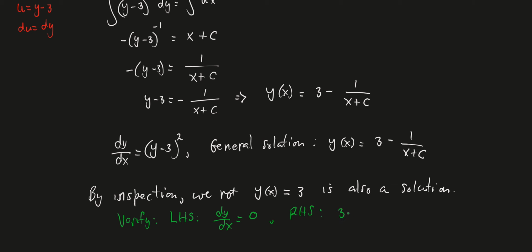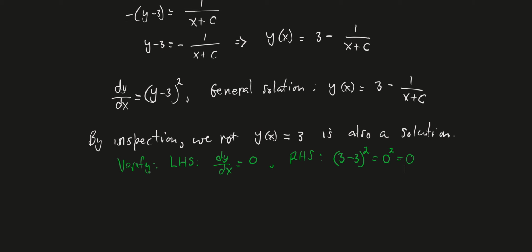I'll have 3 minus 3 squared, and that will be 0 squared. So that's 0, for all values of x. So notice that these two are the same regardless of what x is. So what we've shown is that this constant function actually satisfies the differential equation.